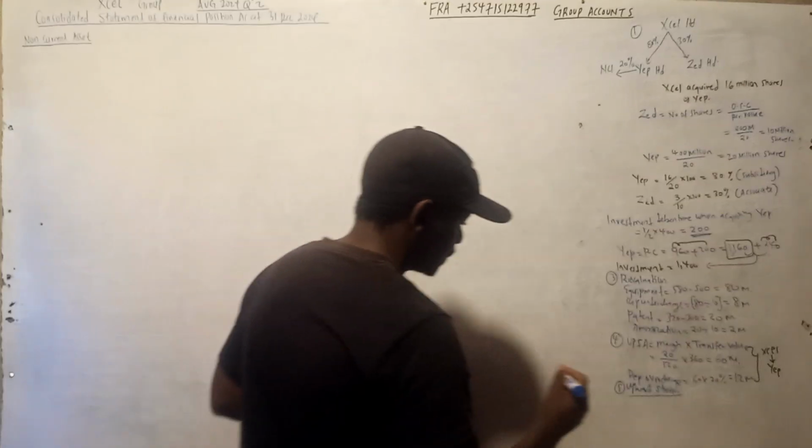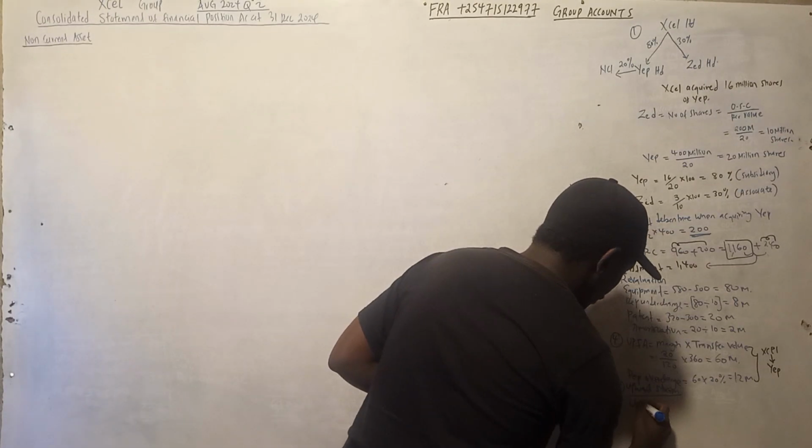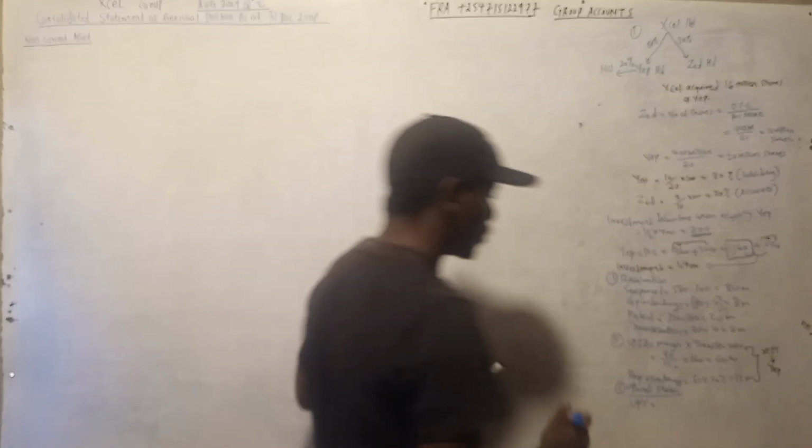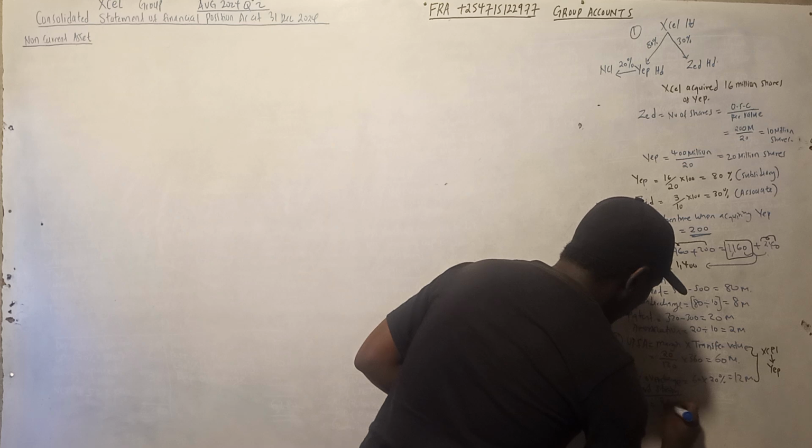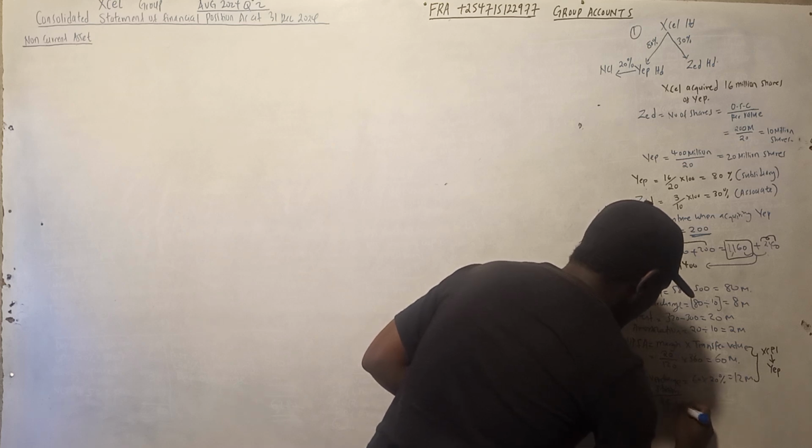Now we need to compute the unrealized profit on stock. You know, it's the profit margin, which is 25 over 125. We multiply with the goods that were in the store at the year end. So during the year ended 30th June 2024, YEP sold inventory to Excel for 300 million.